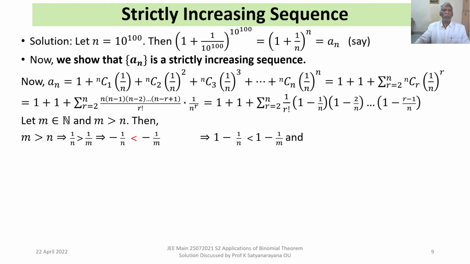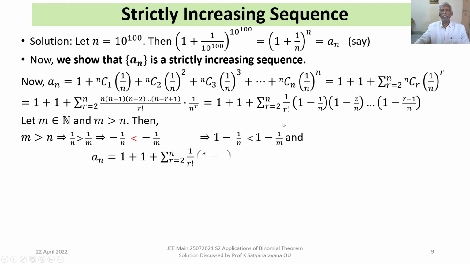And multiply throughout by minus 1. The inequality gets reversed. Minus 1 by n less than minus 1 by m. Adding 1 on both sides, we get 1 minus 1 by n less than 1 minus 1 by m, where m greater than n.